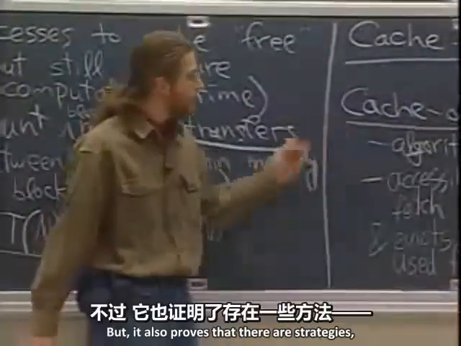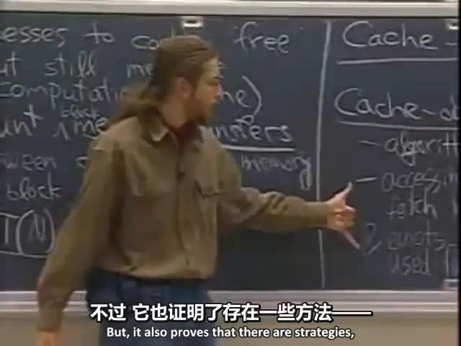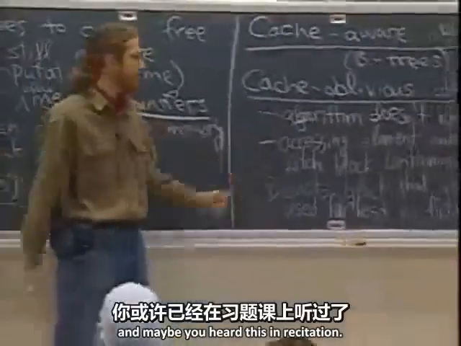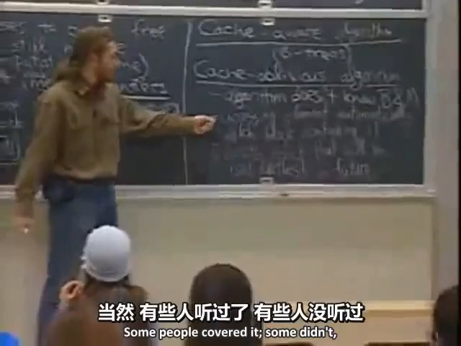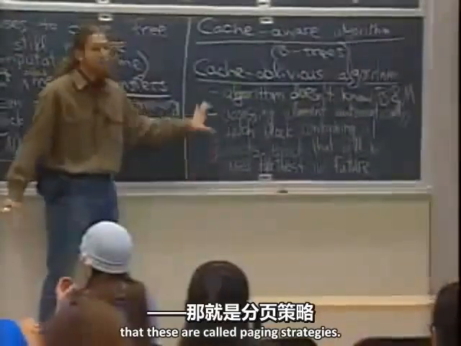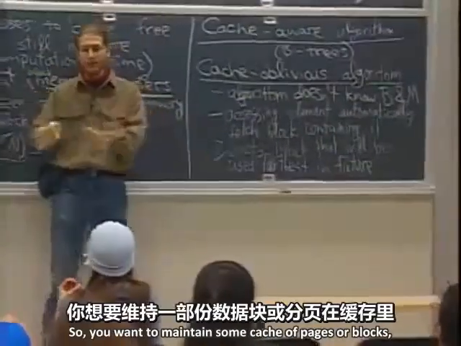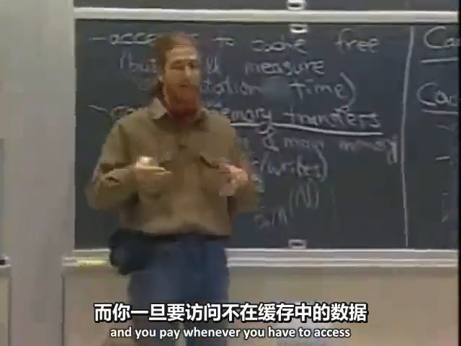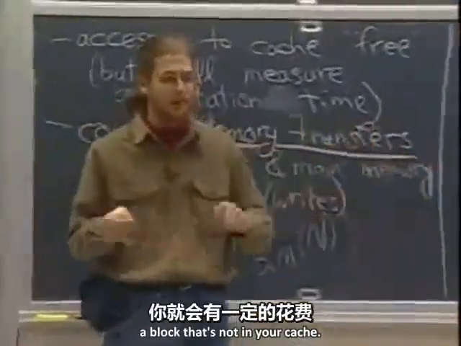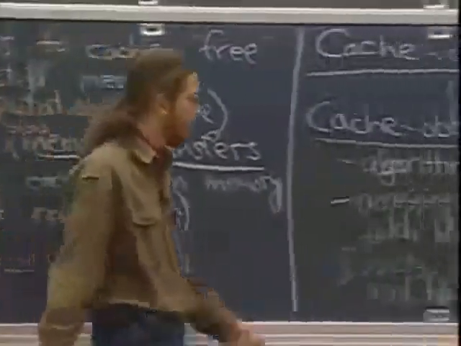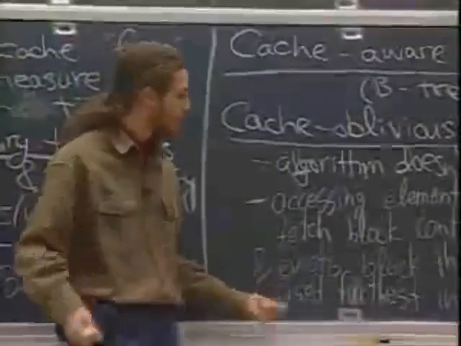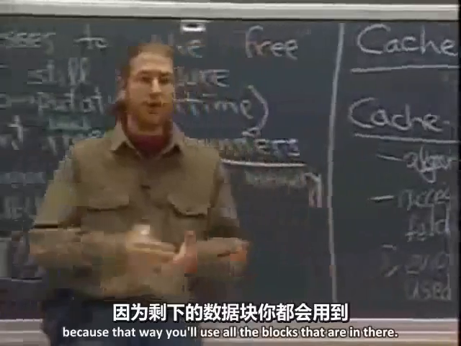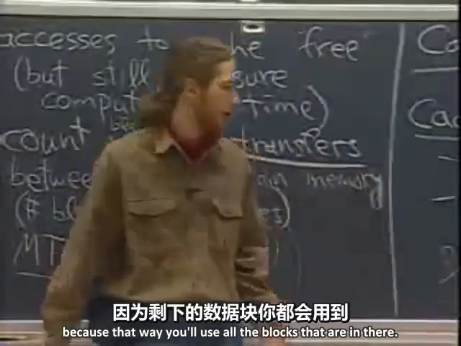But it also proves that there are strategies, and maybe you heard this in recitation, some people covered it, some didn't, called paging strategies. So you want to maintain some cache of pages or blocks, and you pay whenever you have to access a block that's not in your cache. The best thing to do is to always kick out the block that will be used farthest in the future, because that way you'll use all the blocks that are in there.